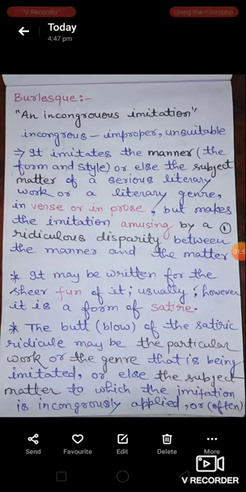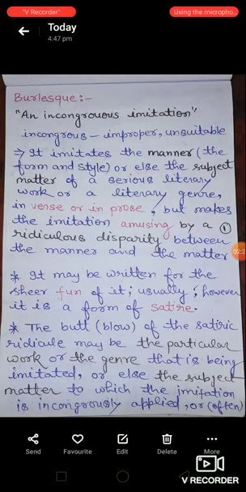Okay? So incongruous imitation, it means imitation will be done not to make the equal outcome, in order to deflate it. Deflate, you understand? In order to decrease the order and merit.